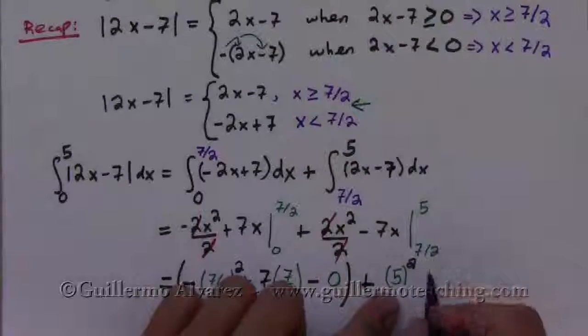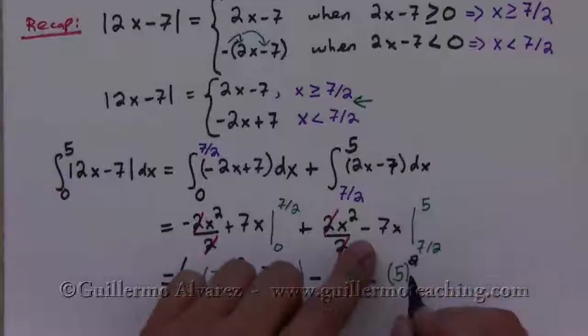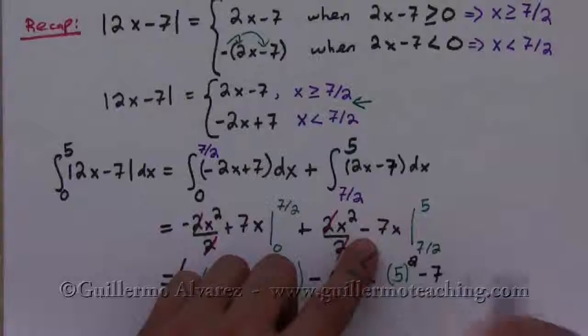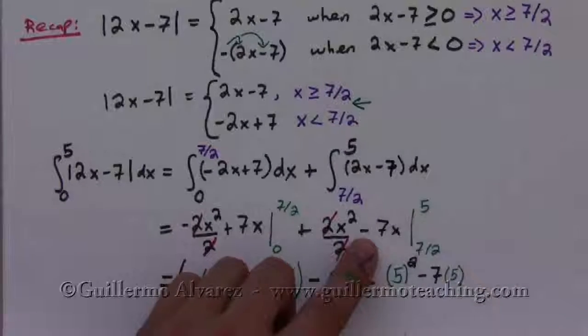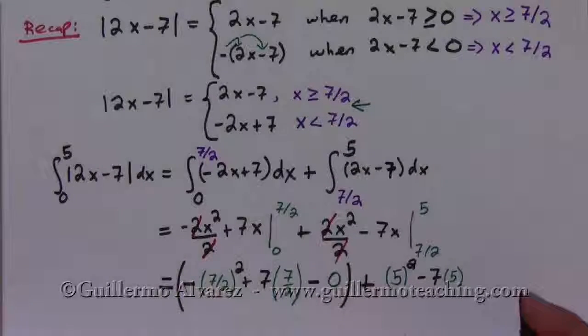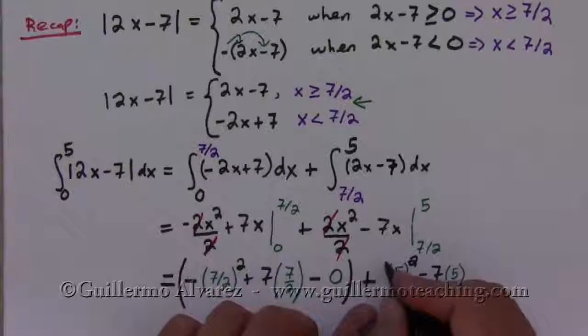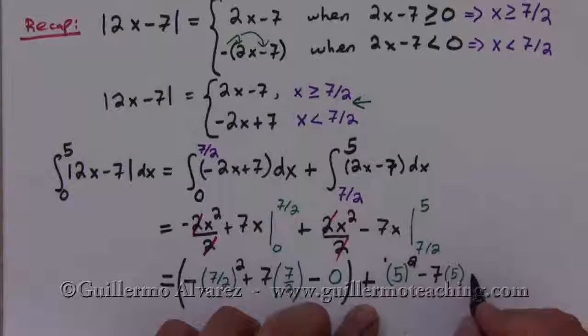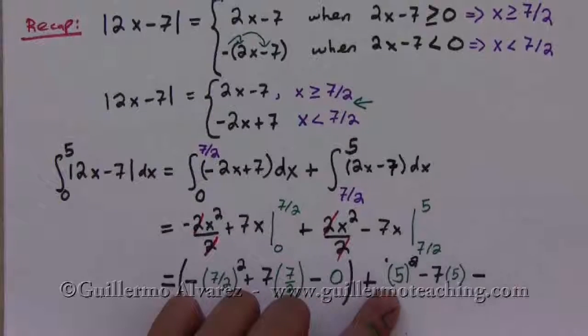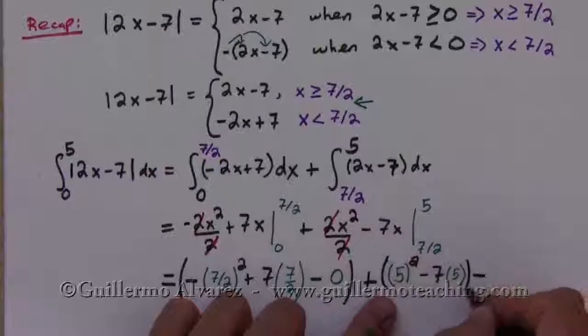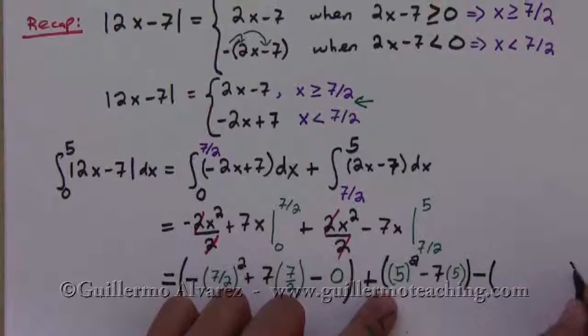Okay, plug in 5. That's where I was. Plug in 5, so 5 squared minus 7 times 5. So this is top. Now this time it's not 0. So minus, so this is top, minus, plug in the bottom. So here, let me put parentheses here because parentheses are very important.